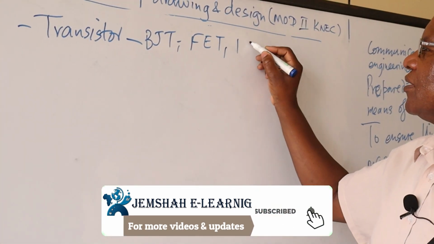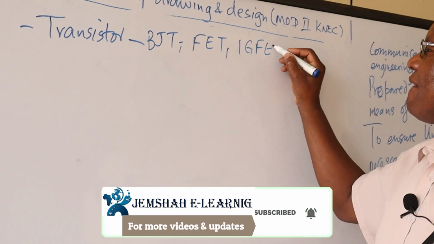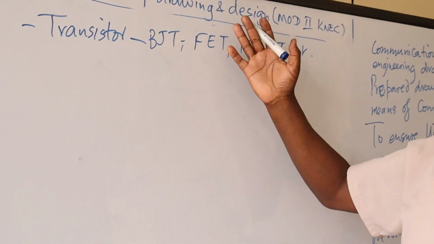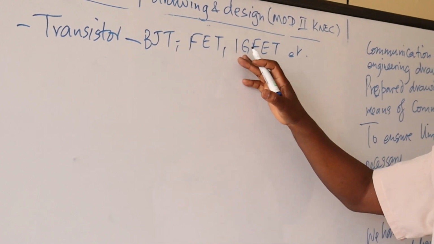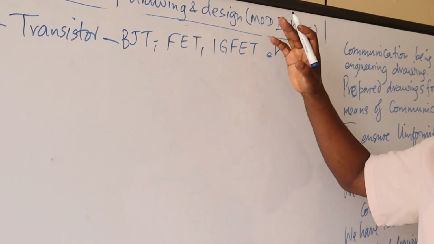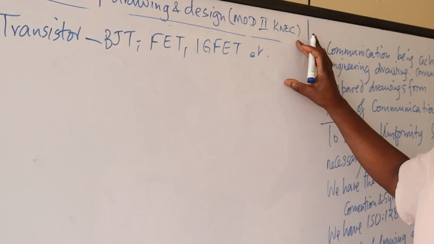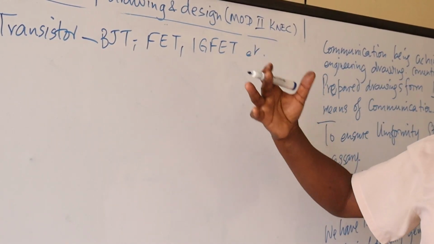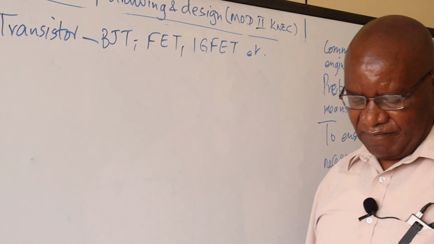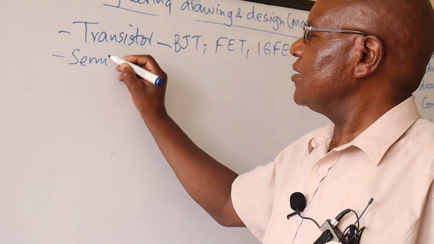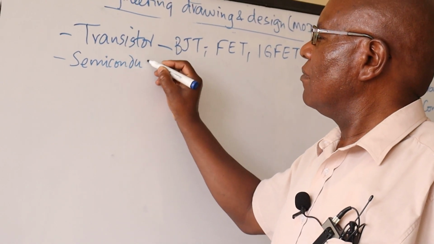We have also got the IGFETs, etc. The FETs, of course, we know there is the N channel, P channel, MOSFETs, enhancement and depletion modes. All those, either of them you can be asked to reproduce the schematic symbols. And then we have got the semiconductor diodes.